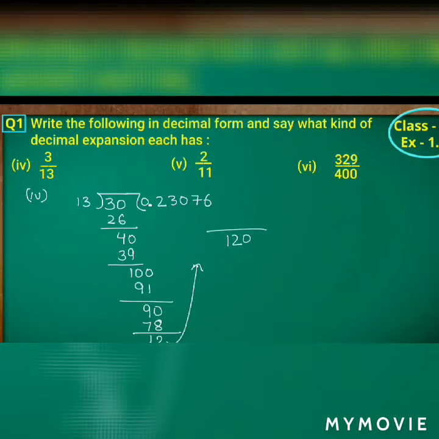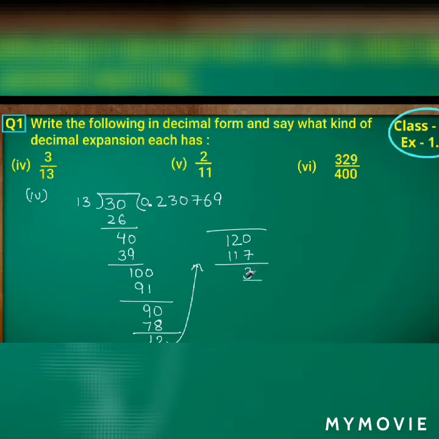So I'll take 0 after 12 since 12 is less than 13. We go for the nearest value. I can say 13 nines are 117. So the remainder here is 3. If you observe, again we came to the first step, isn't it? Since we were having the dividend 3 here, the same thing will start once again.